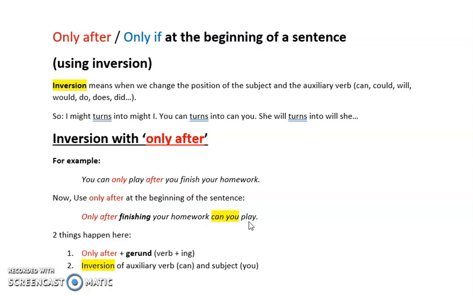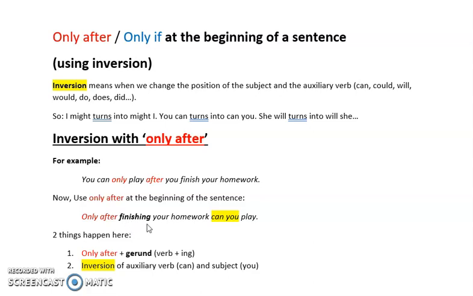So I've seen two changes from my first sentence. When I start with only after, my sentence changes in two ways. Two things happen. The first one, when I use only after, my next word is a gerund. Only after finishing.